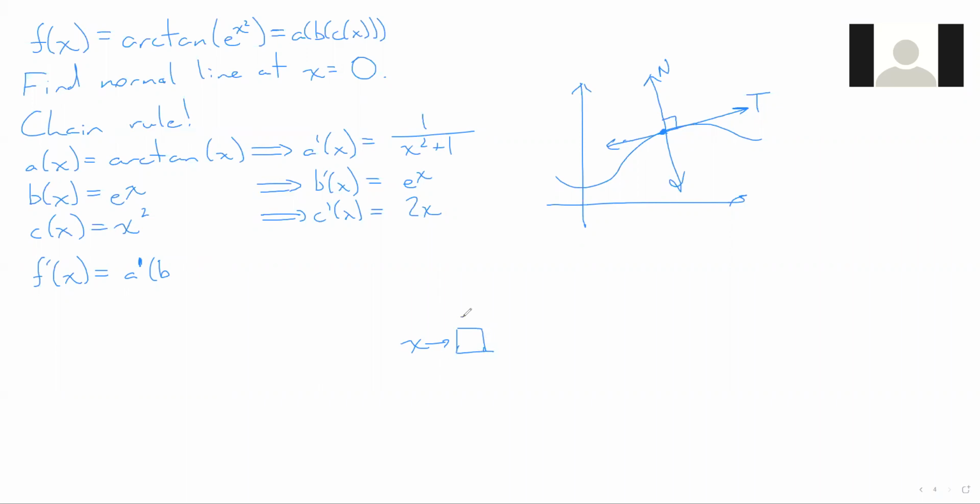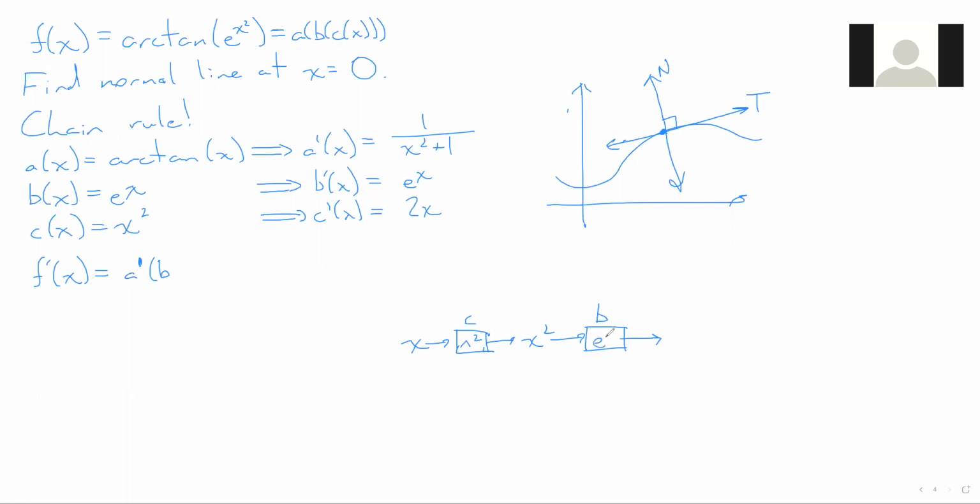C. So the first thing that happens to this input x is my innermost function, which is called C. And what comes out of there is x squared. Then it goes through what next? B. What comes out of there? e to the x squared, yep.